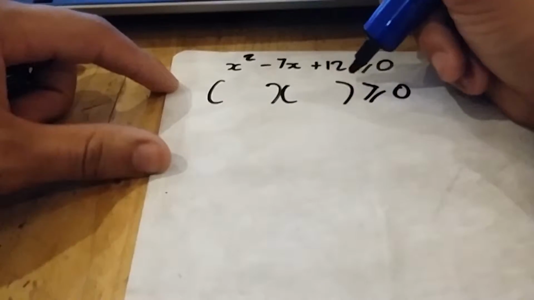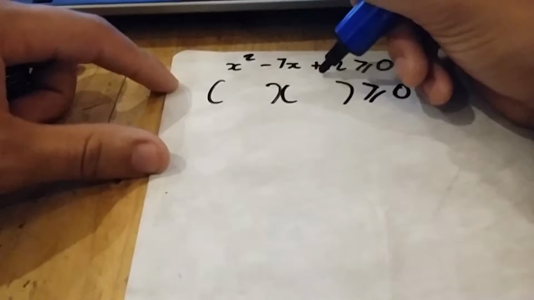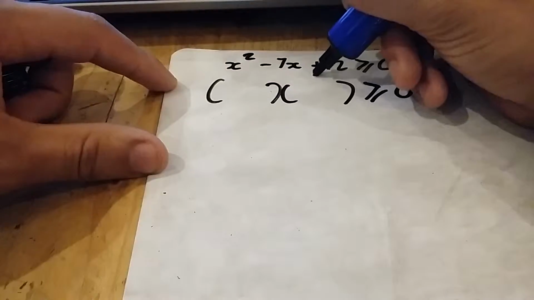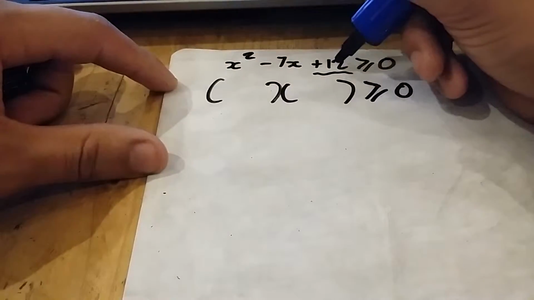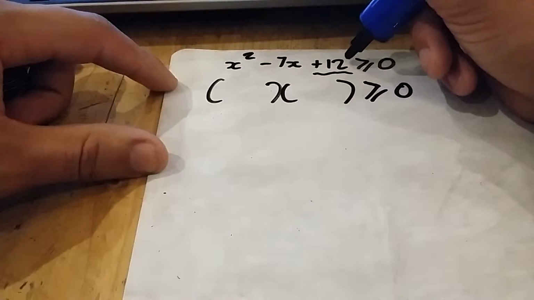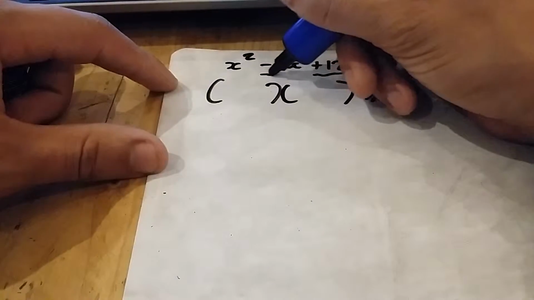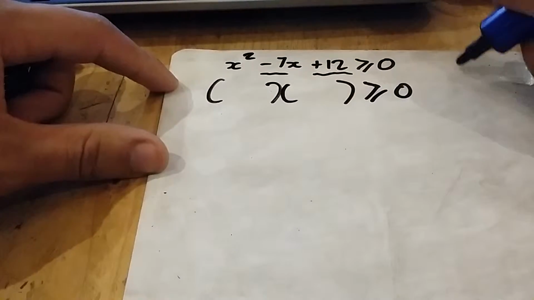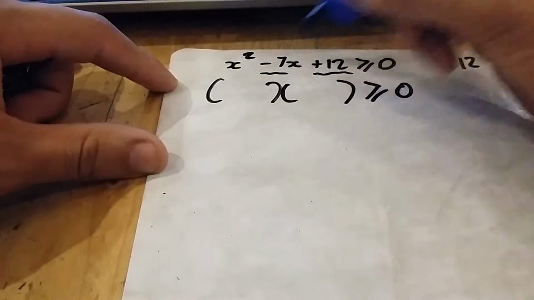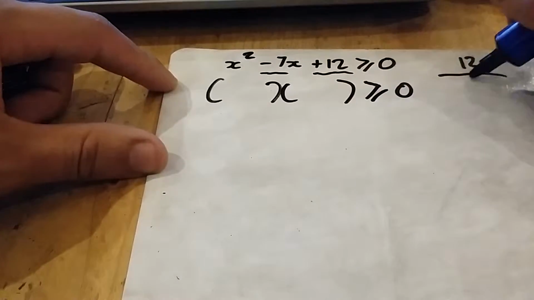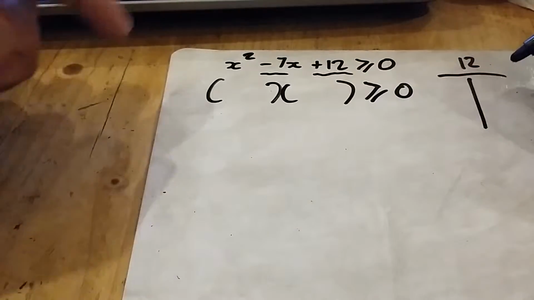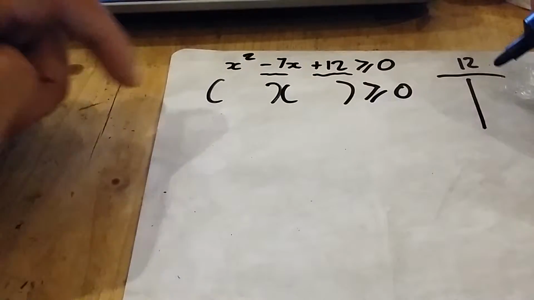So back to factorization. I've got to think of factors of 12, or pairs of numbers that multiply to make 12, but also add together to make -7. So here's a clue: there's going to be a couple of negatives in there. So I've got to think of factors of 12 which are negative numbers.